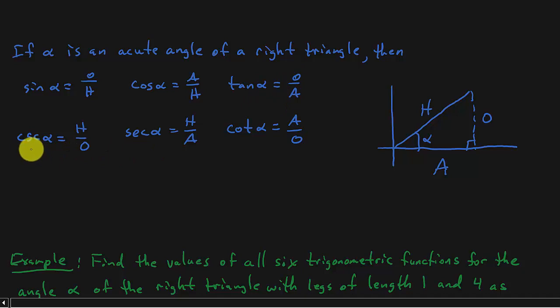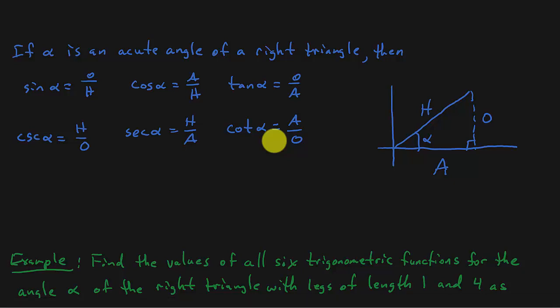As far as the cosecant, secant, and cotangent, if you know sine, cosine, and tangent, you can get these really easily. You just flip them. They're just the reciprocals. Remember that? Cosecant is the reciprocal of sine, and so on.